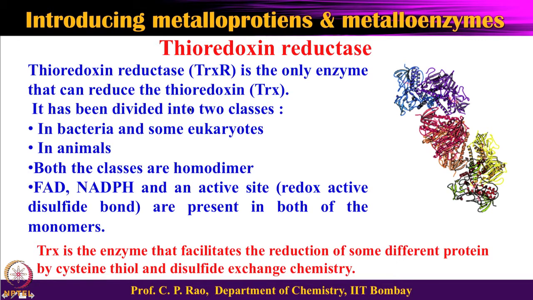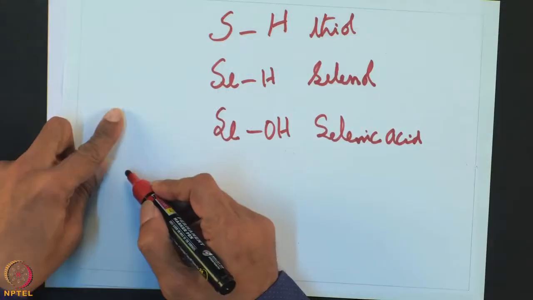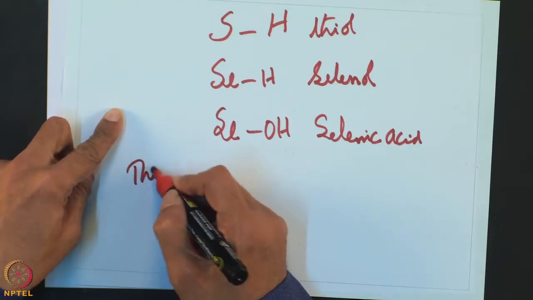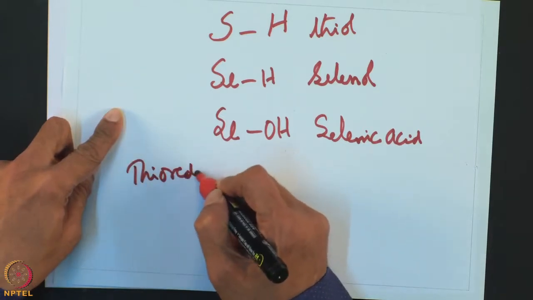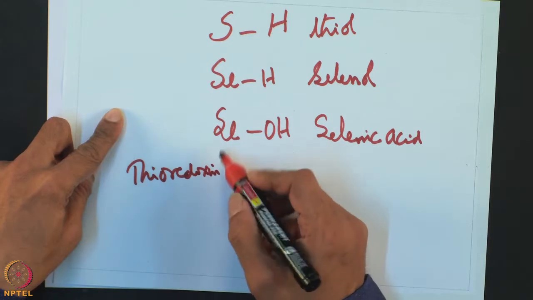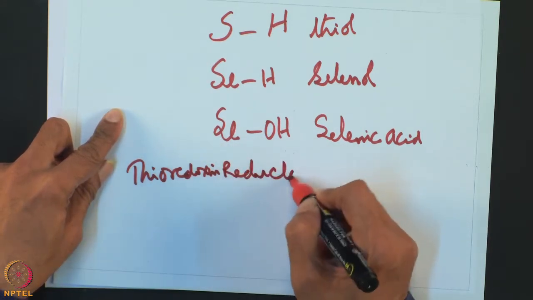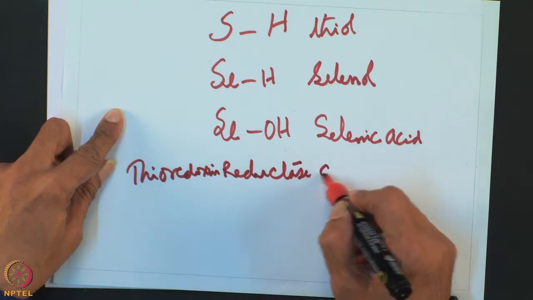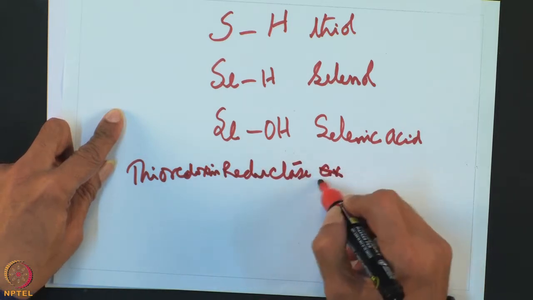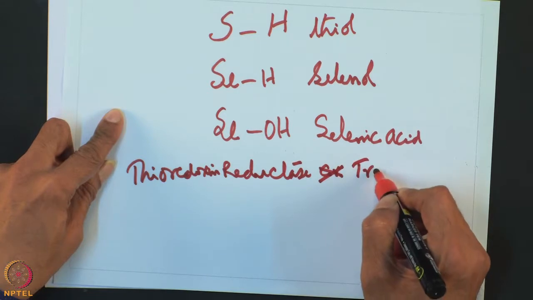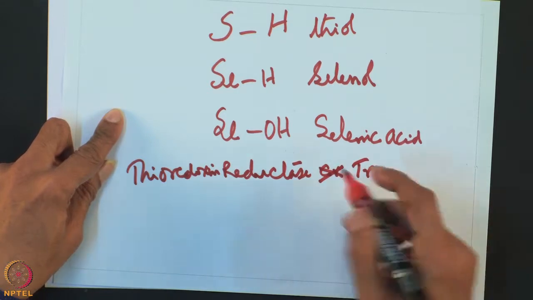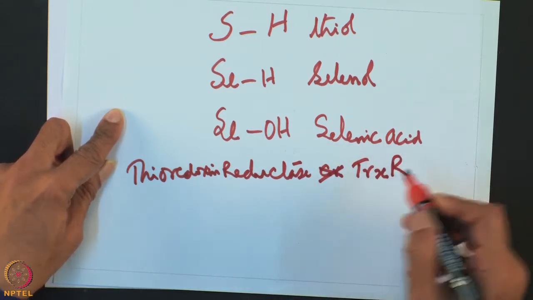This is referred to as TrxR, that is thioredoxin reductase.